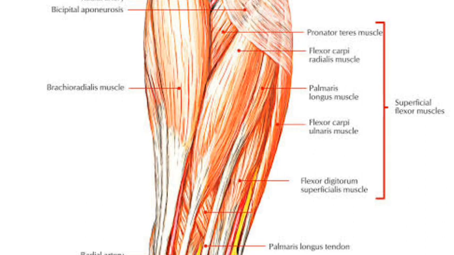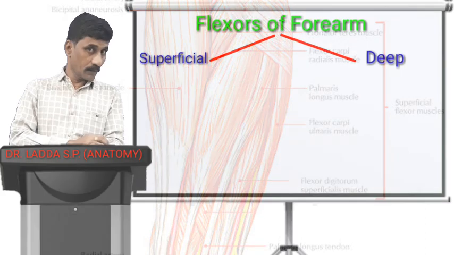Among these 5, except the flexor carpi ulnaris, the first 4 muscles are supplied by the median nerve. And the only muscle having the name with ulna, flexor carpi ulnaris, is supplied by the ulnar nerve. So this is the one muscle supplied by the ulnar nerve in the superficial group of the flexor compartment of the forearm.